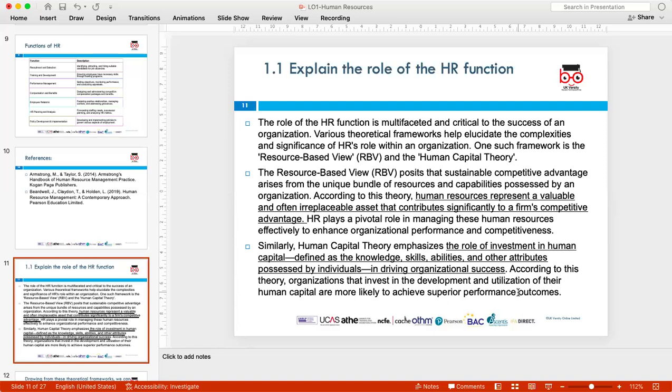As a result, the developers become more skilled and productive, enabling the company to innovate faster and improve its product. This investment in human capital enhances the company's competitive position and leads to higher profits. According to this theory, organizations that invest in development and utilization of human capital are more likely to achieve superior performance.